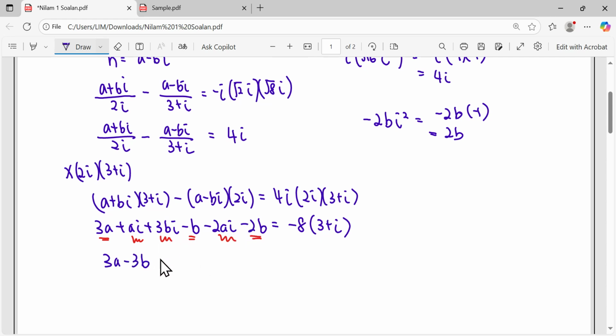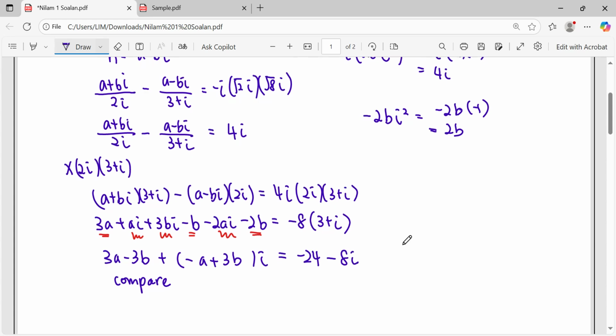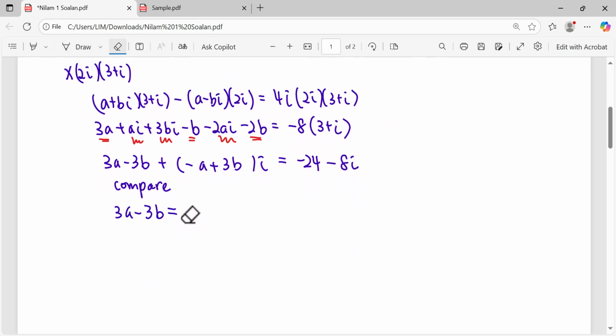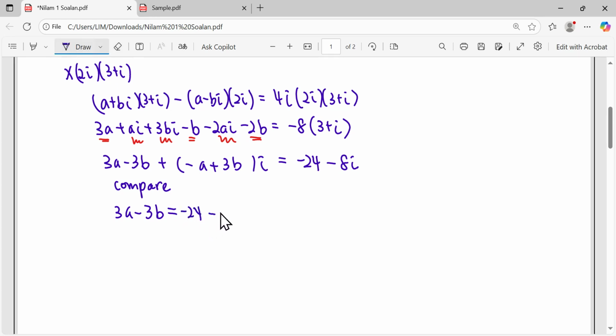For the imaginary part: a plus 3b minus 2a, so minus a plus 3b, times i. On the right hand side, make it into standard form: -24 - 8i. Then we can start to compare. The real part: 3a minus 3b equals -24, equation 1. Then -a plus 3b equals -8, the imaginary part, equation 2.